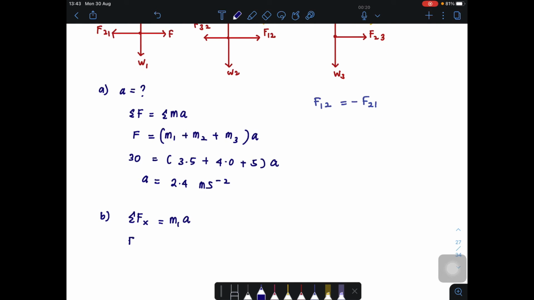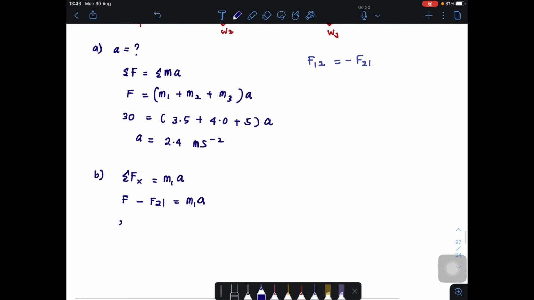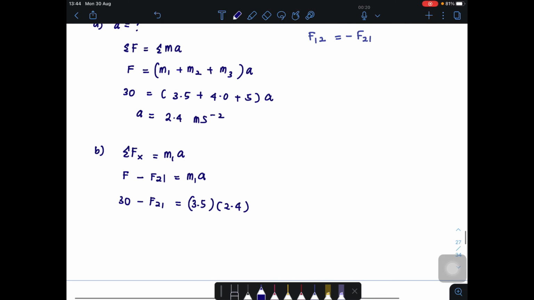So it will be F minus F21 is equal to M1A. So boleh masukkan F tadi 30, F21, M1 is 3.5, and then A is 2.4. So akan dapat F21 is equal to 21.6 Newton.